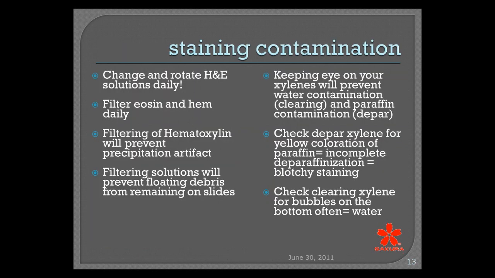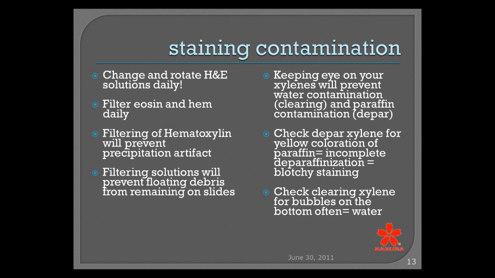Staining contamination. Basically we're talking about H&E staining here. So when it comes to H&E staining, we need to change and rotate our solutions daily. And filter your eosins and hematoxylins daily.